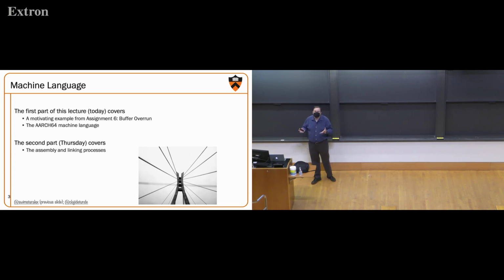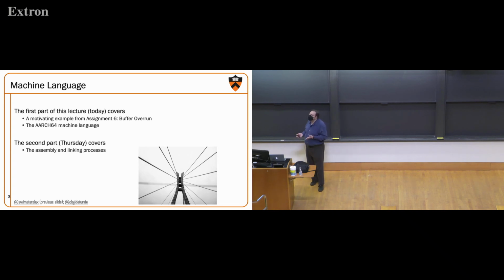And to do that, you will need to understand the details of ARM64 machine language. So we're going to look at that motivating example. We're going to look at the details of ARM64 machine language, go over a bunch of different instructions, exactly how they're encoded.